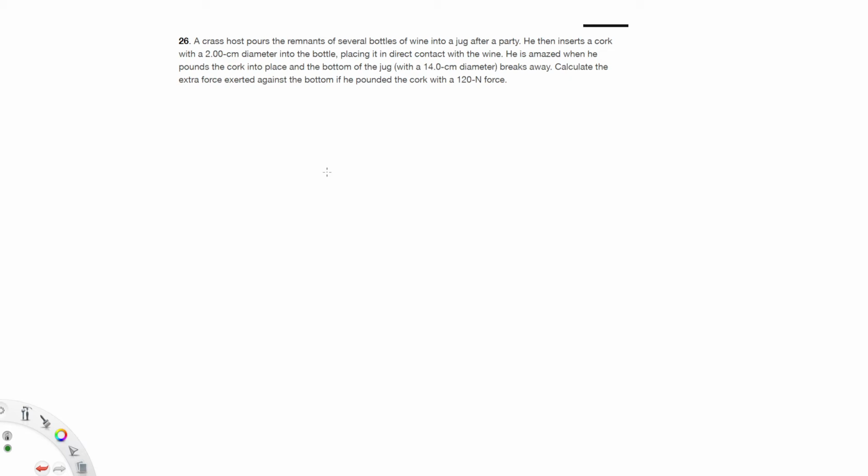Can we check? The way I wrote down Pascal's principle was saying that the pressure in a fluid is hydrostatic, which means it's the same in every direction. But it means the same thing as what you said. So for 26, that's what we would write if we set the pressures equal. The change in pressure throughout the fluid is going to be the same. Okay.